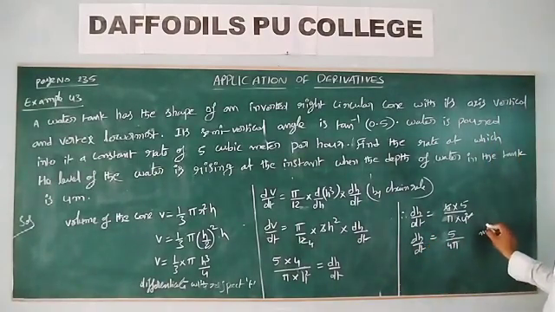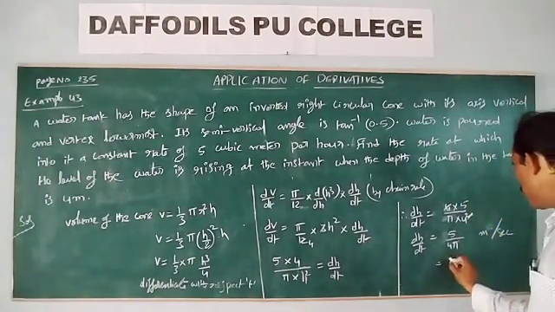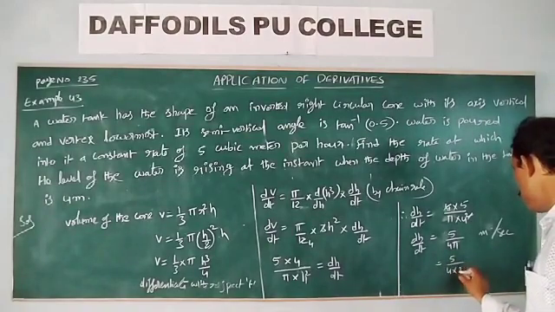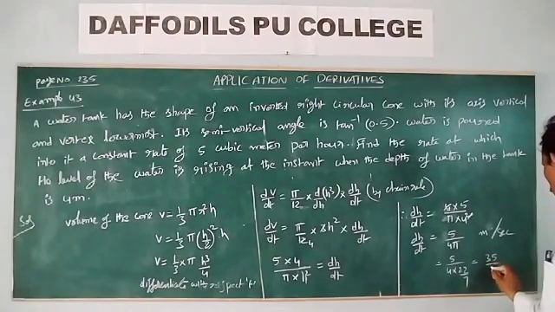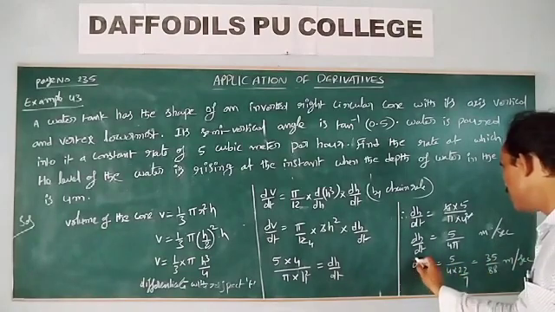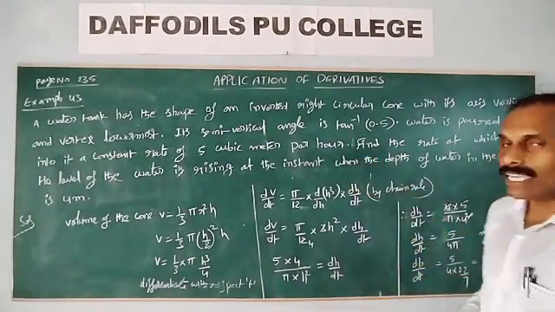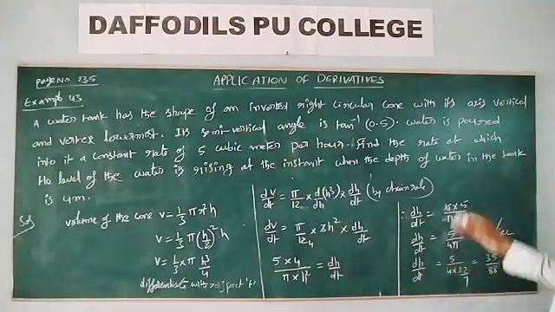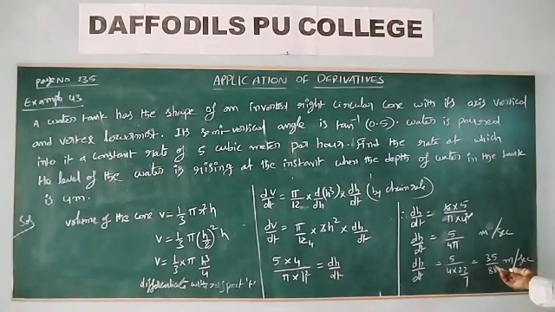So dh by dt is in meter per hour, the rate of change of height. Taking pi as 22 by 7, 5 by 4 into 22 by 7 can be written as 35 by 88 meter per hour. So the rate of rising of the height of the water level, dh by dt, is equal to 35 by 88.